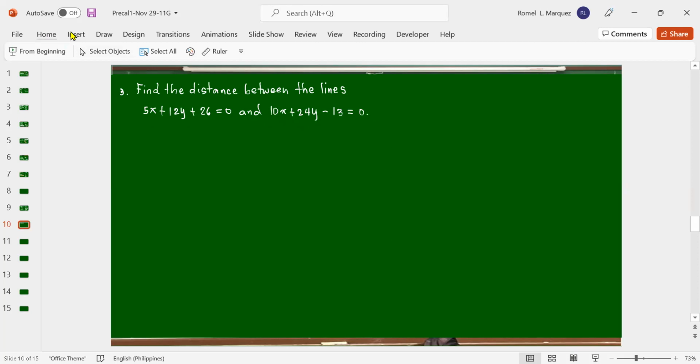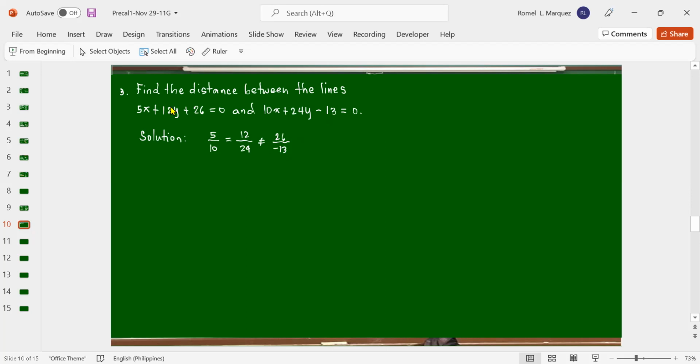Are they parallel, guys? How will you know that the lines are parallel? For fast checking, guys, you check the ratio. 5/10 must be equal to the next ratio, 12/24, and not equal to the third ratio, 26/-13.